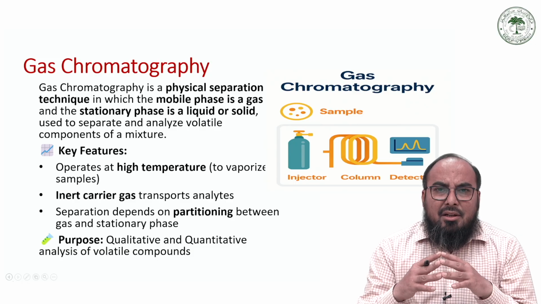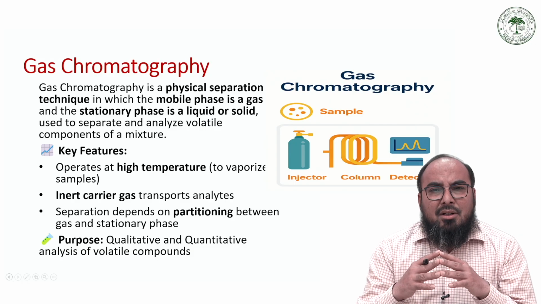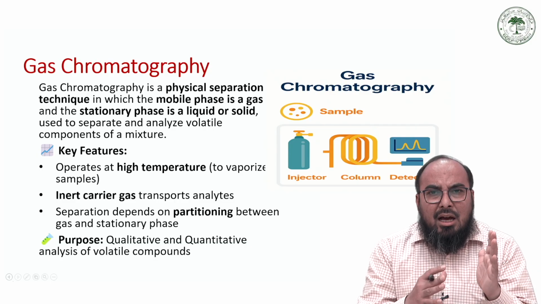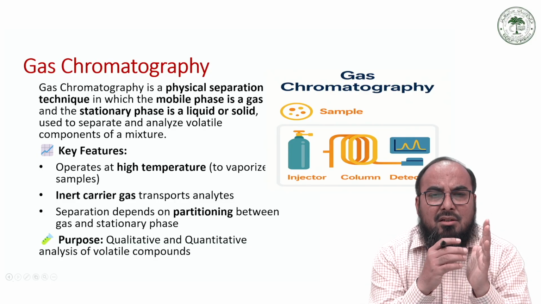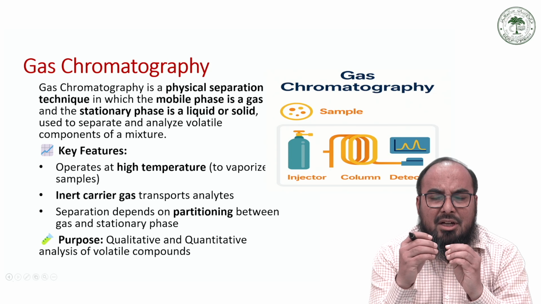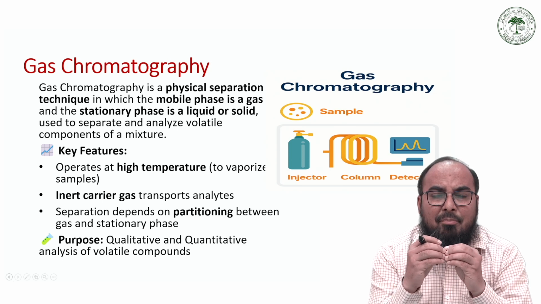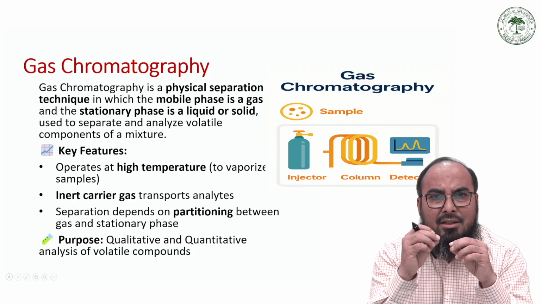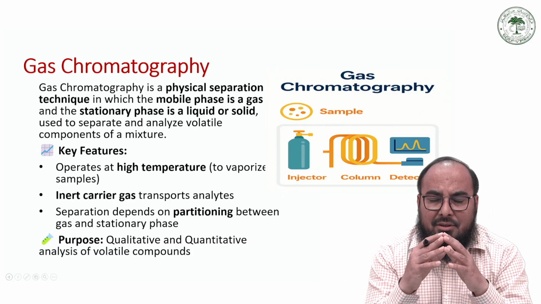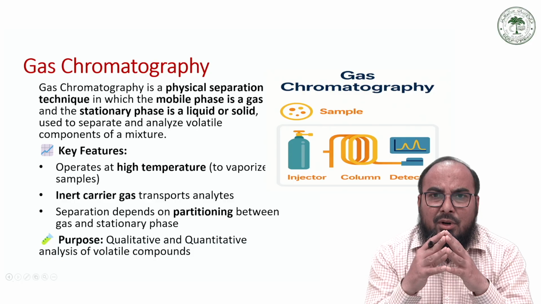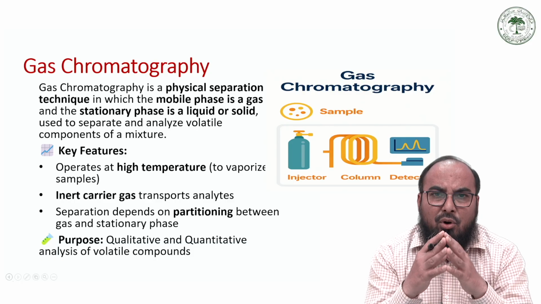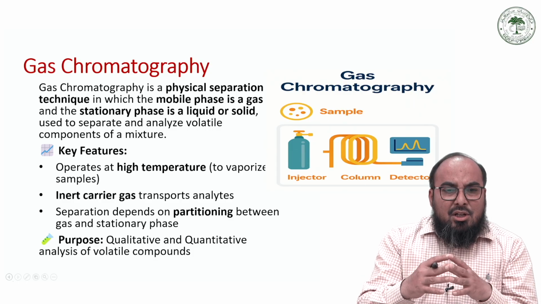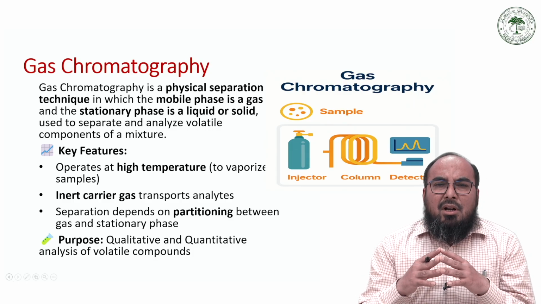So basically here the elution is based on the pressure of the inert gas which it carries, and it mixes with your vaporized sample, and then your vaporized sample passes through the column, and in the column actually it gets partitioned. While in the elution chromatography it was the simple gravitational pull where your elution happened. So here the main principle is again the same.